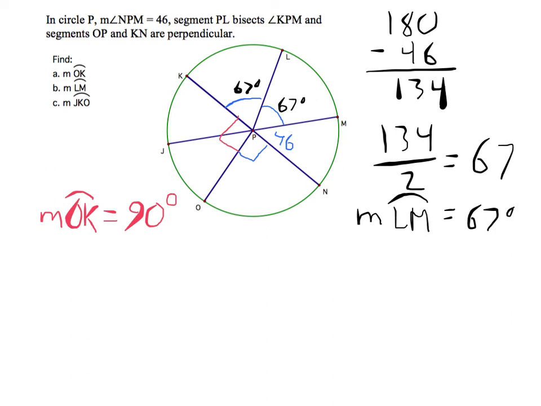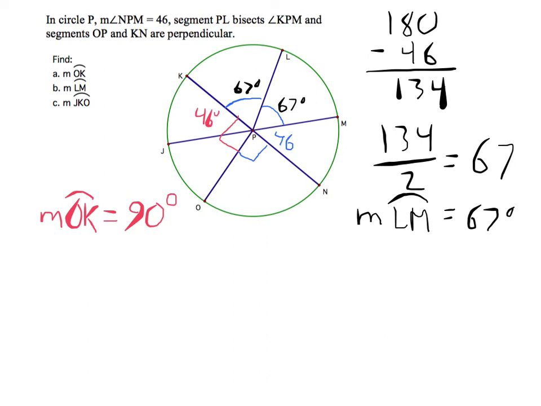And there's going to be sort of 2 steps to doing that. First, I see that angle MPN and angle KPJ are vertical angles, so this is also 46 degrees here.